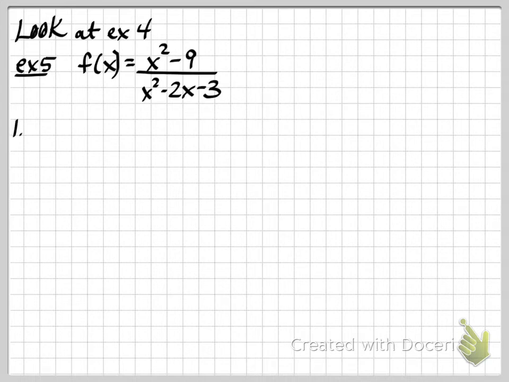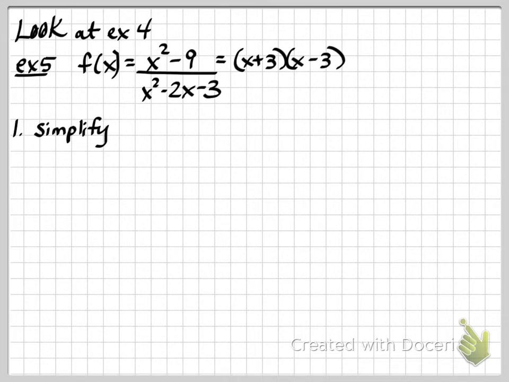Step 1, simplify by factoring. So the numerator factors, it's a difference of squares. So it's x, and 3, and different signs. Denominator also factors. 3 and 1, minus plus.